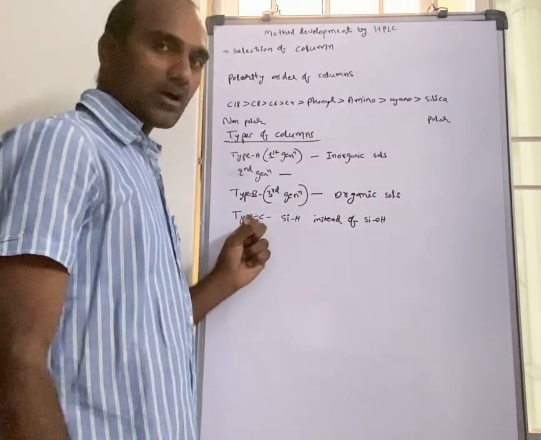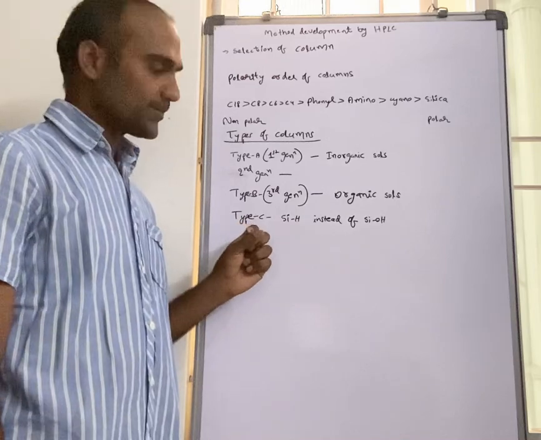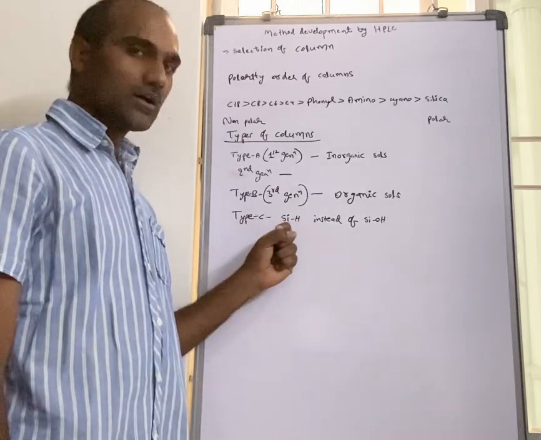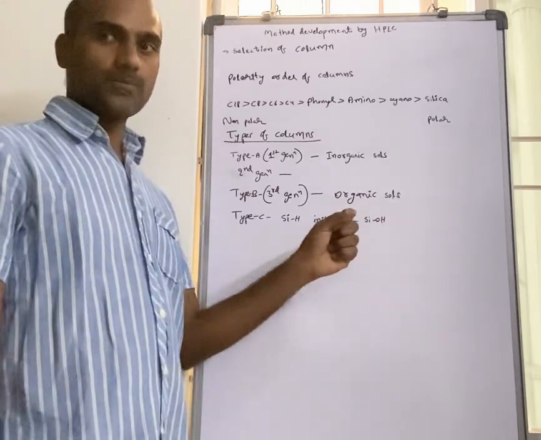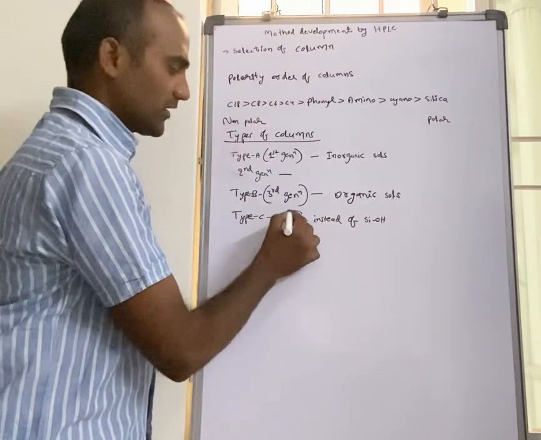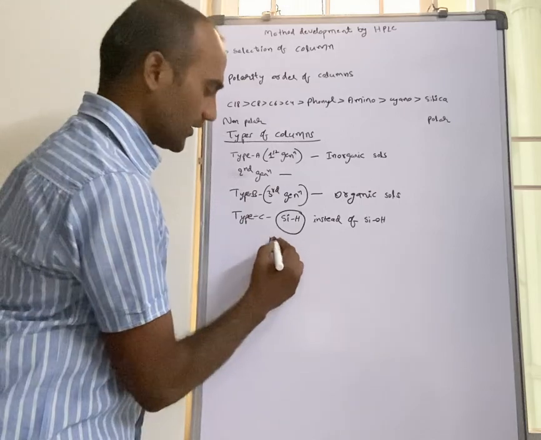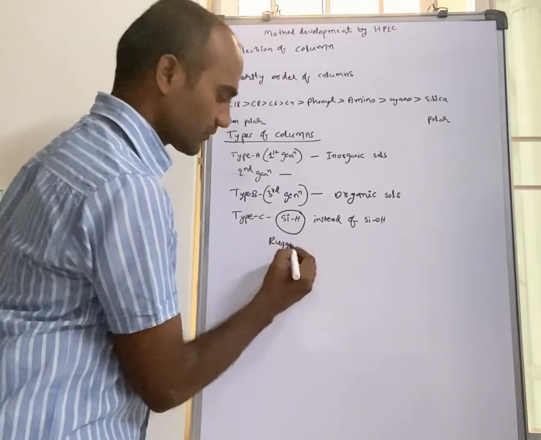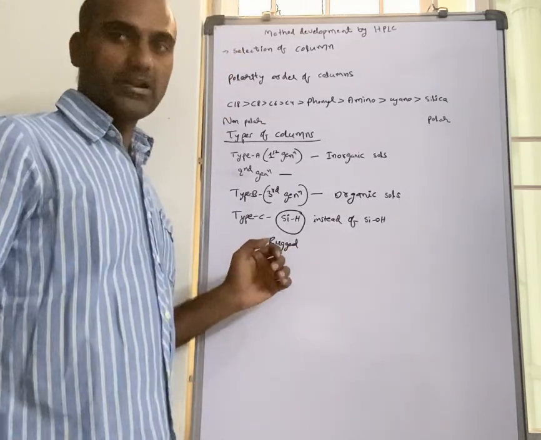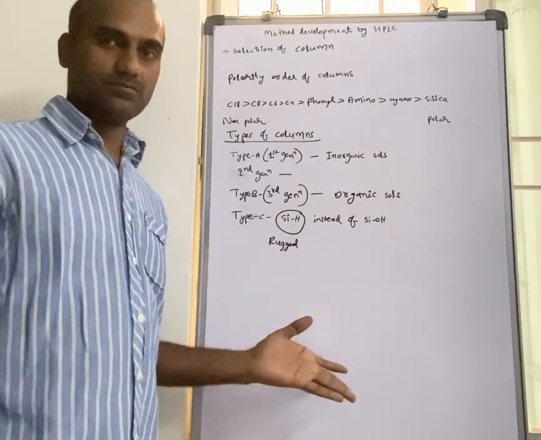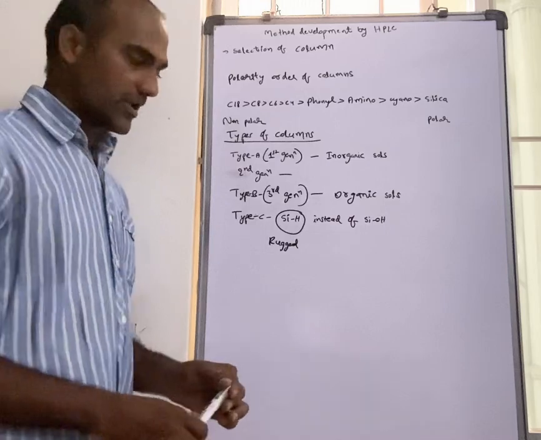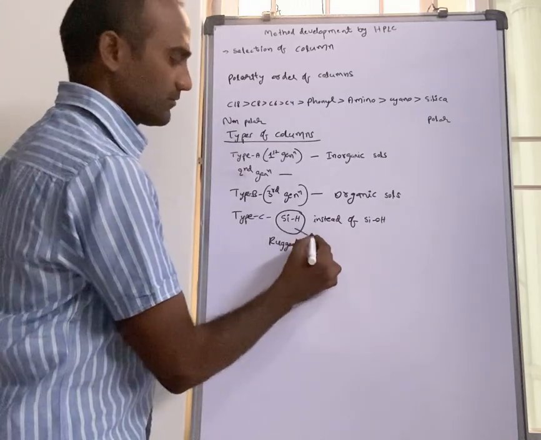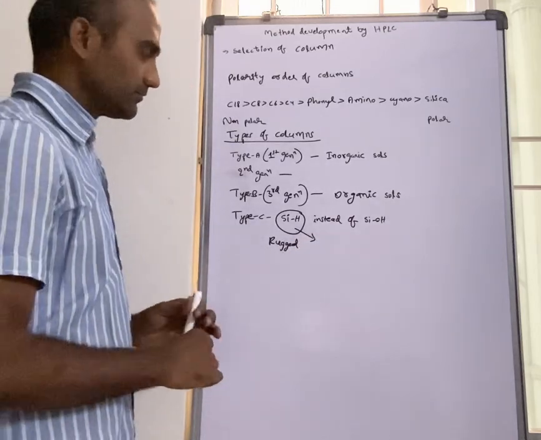Type C columns are hybrid columns and these contain silicon hydride groups instead of silanol groups. Based on these silicon hydride groups, these are very rugged and will work at very low pH and high pH also. Okay, so silicon hydride are very stable stationary phases.